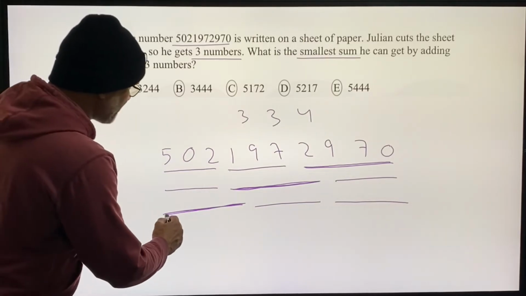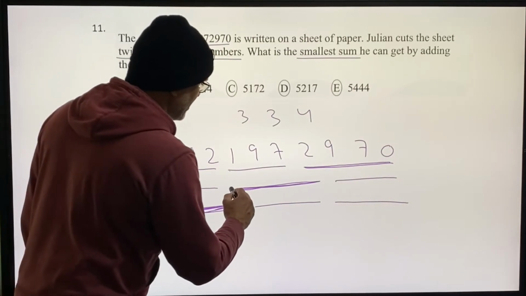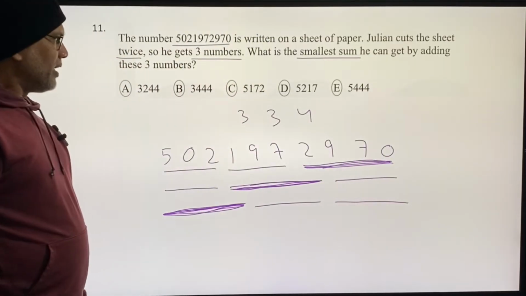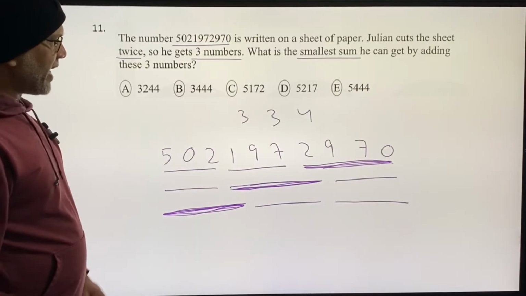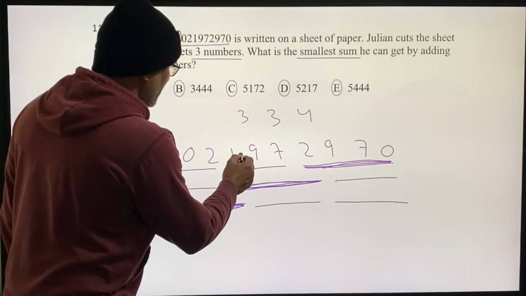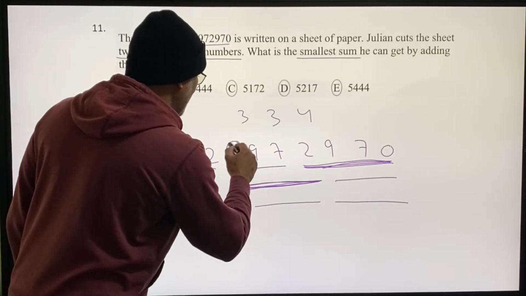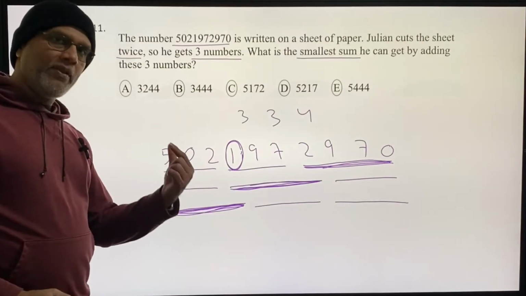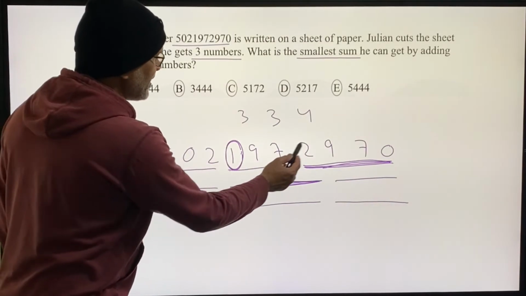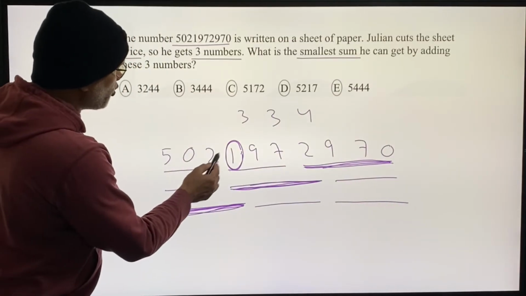Now, in all these 3 cases, we can see that in this case, we'll have 1 as the leftmost digit and the number will be the smallest, because 1972 is smaller than 5021, right?